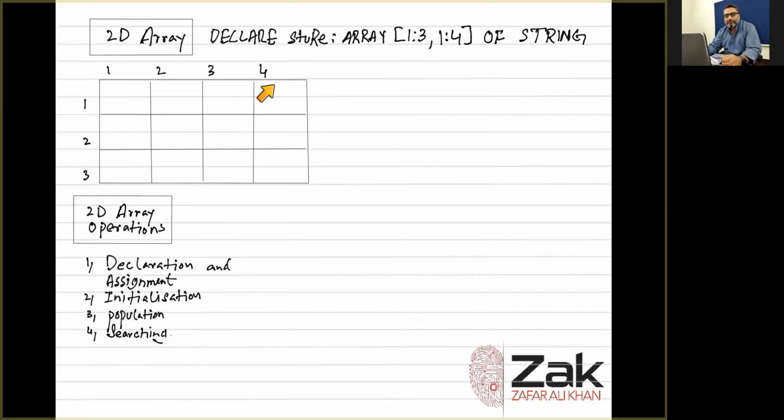So now it would be seen as an array with 3 rows and 4 columns. All right. So these are rows and these are columns.